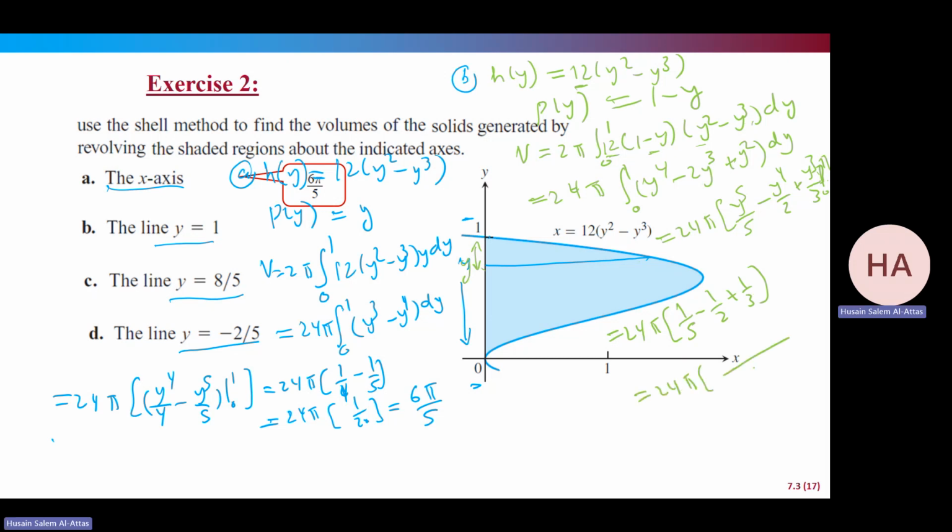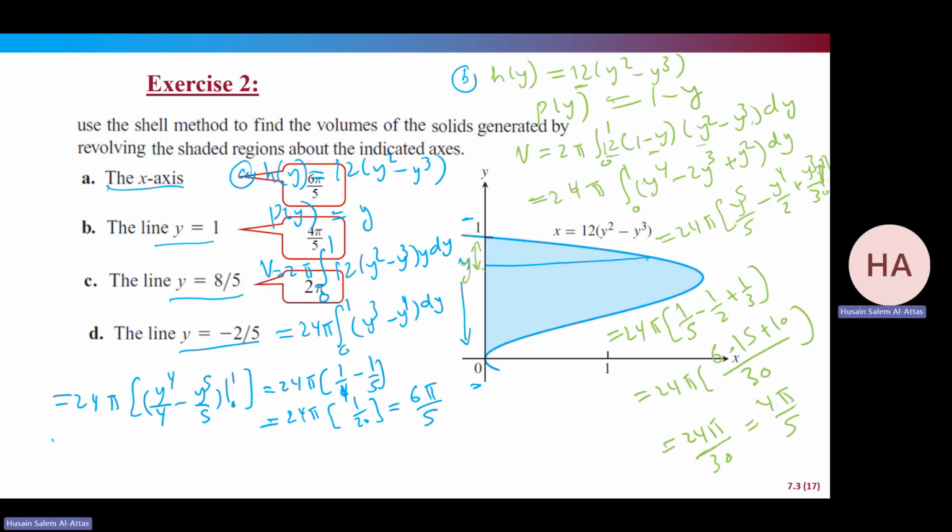The common factor is 30. I have 6 minus 15 plus 10. So it will be 24 pi times 1 over 30, which is 4 pi over 5. And that is the answer. Yes, that's the correct answer. Okay, 4 pi over 5.